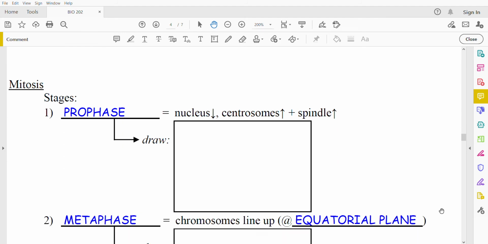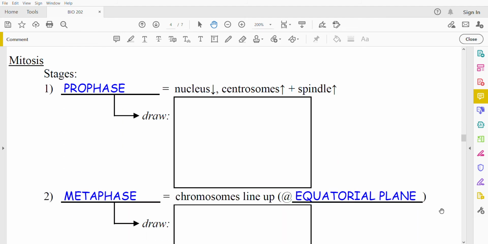And let's start by going through the stages of mitosis. So mitosis was the production of all cells in the body, with the exception of the gametes, with the exception of the sperm and egg cell. And mitosis was the cell division where we ended up with daughter cells that were exactly alike.